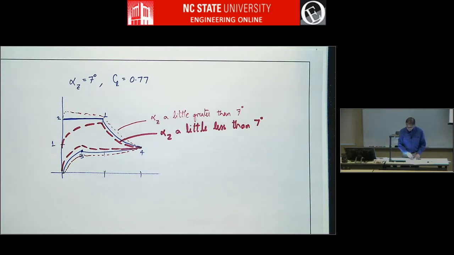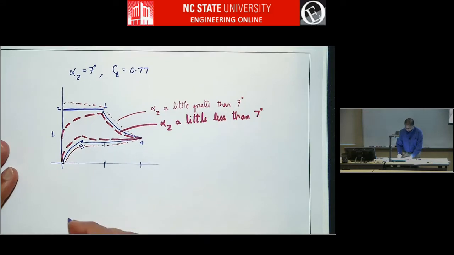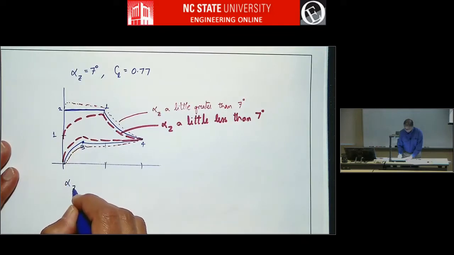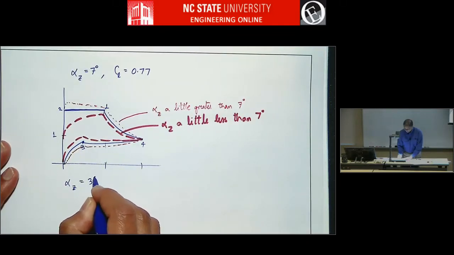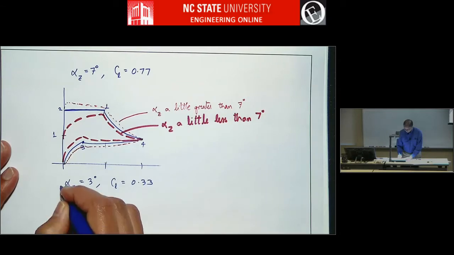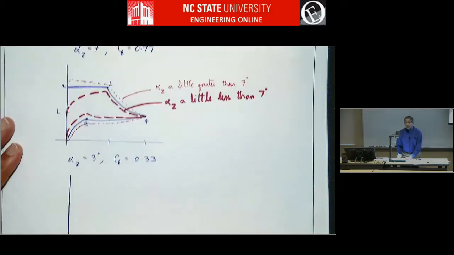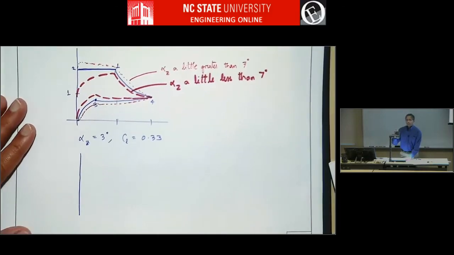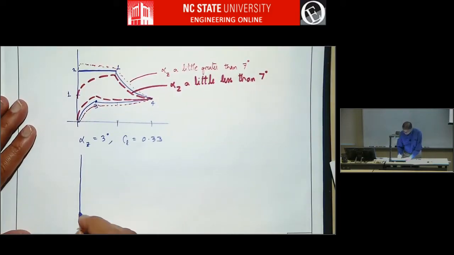Now simultaneously we are also telling Profoil what we want for the lower surface. So let's do that for alpha z equals 3 degrees, which is CL of 0.33, and that velocity distribution will look like this.